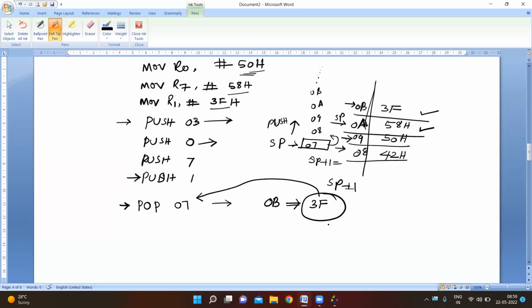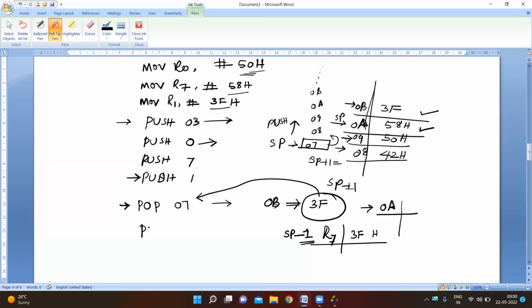So that means R7 is loaded with 3FH. This process is completed. After this, the stack pointer should decrement by 1. Previously it was 0B, now it is 0A. Stack pointer is pointing to 0A location.